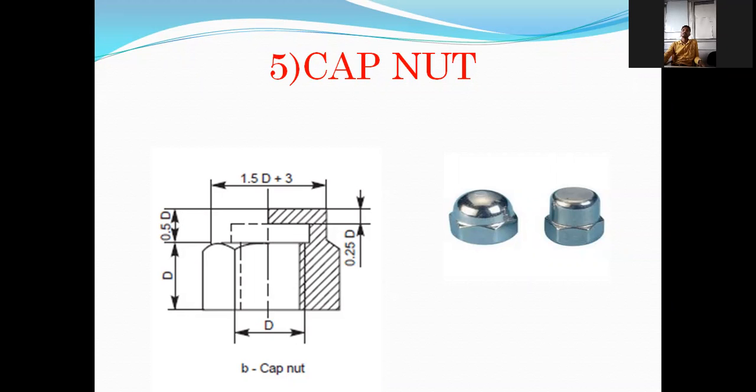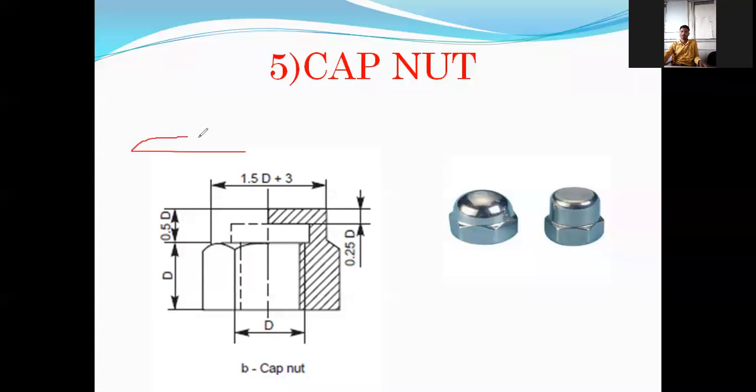What was the purpose of the dome nut? The bolt end should not come out of the nut, to avoid corrosion and injury to the operator. Similarly here also. But what is the difference between dome and cap nut? The shape is different. In the case of a dome nut, the dome shape is there, only at the topmost part, like this.